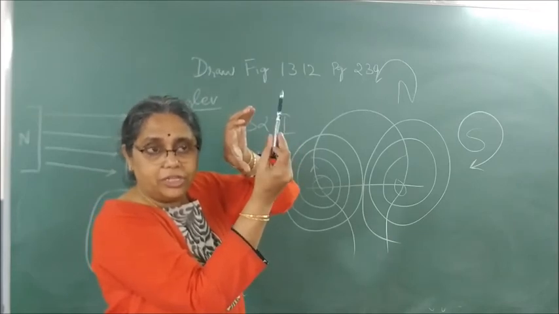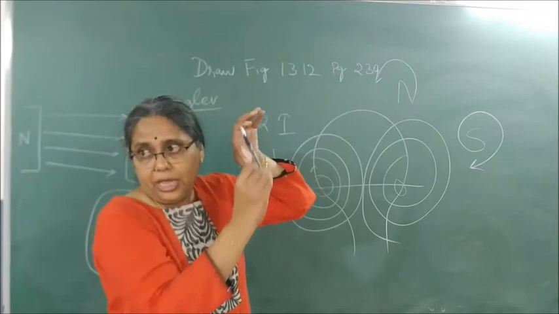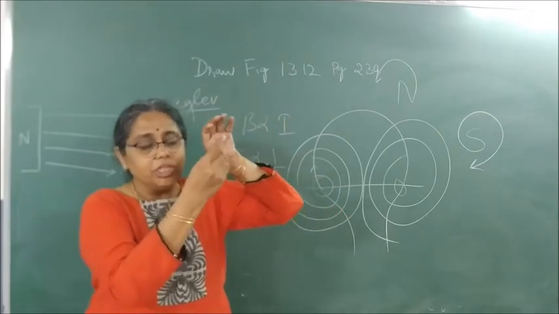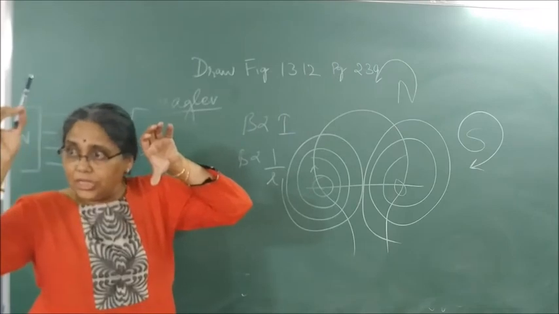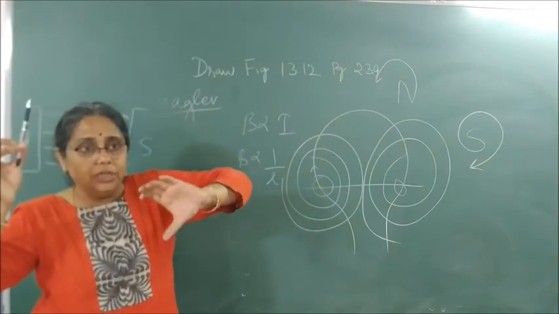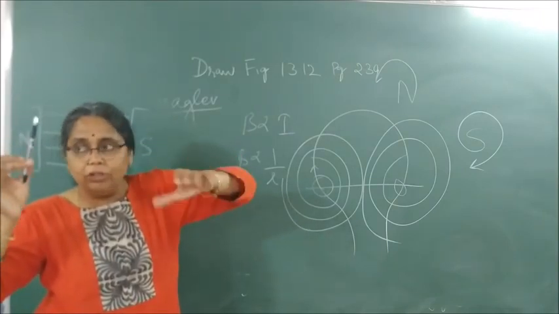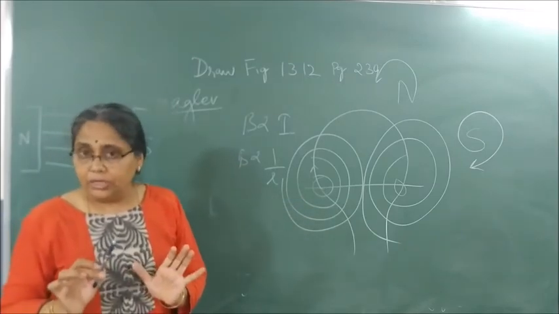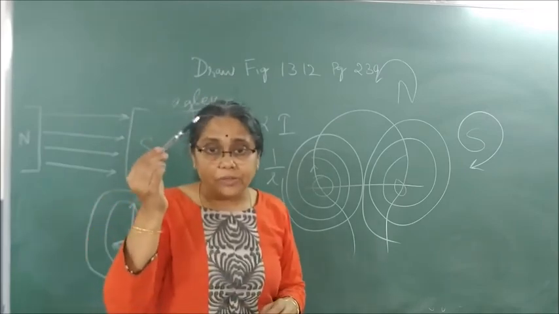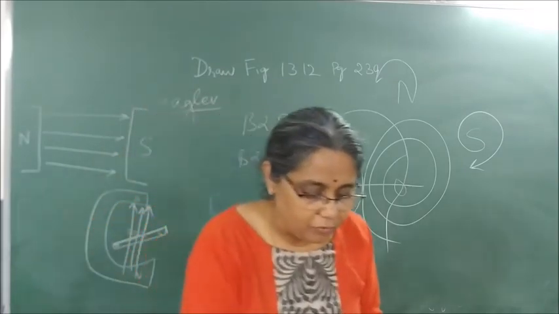This is called what experiment? Kick wire experiment. How can I change the direction of the movement? By changing the polarity of the cell or by changing the polarity of the magnet. Clear? So what did it experience? It experienced a force.